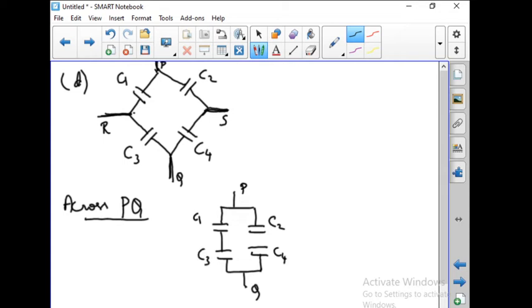We rearrange the diagram like this because we are not including RS. Now how will you calculate the equivalent capacitance?